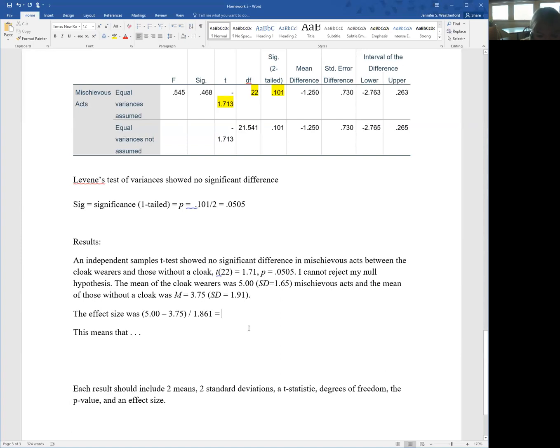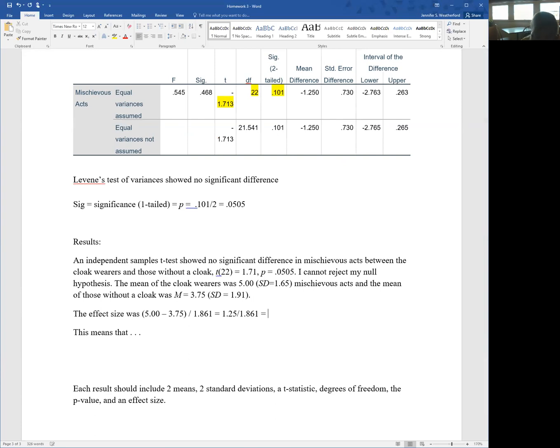And oh, I was going to calculate this ahead of time. We'll calculate this in class. But the effect size is going to be 1.25 divided by 1.861. I had to go into SPSS and calculate a standard deviation for the whole group, everything together. And we'll talk about that too.